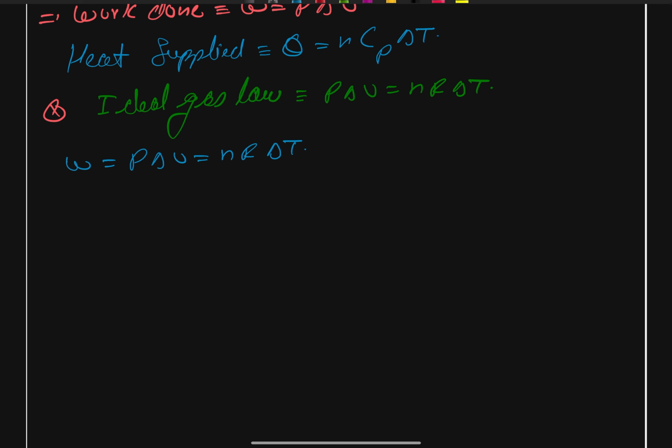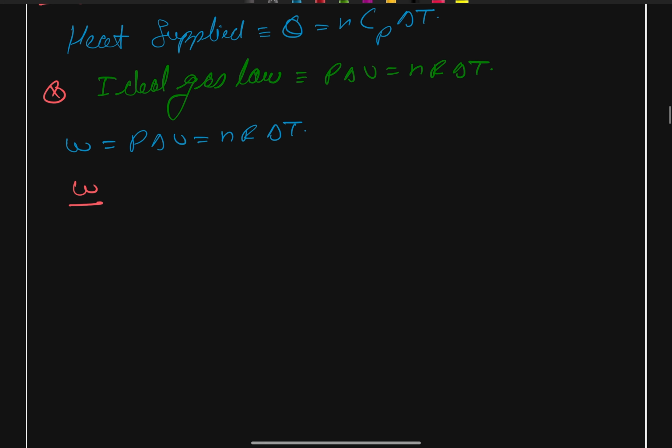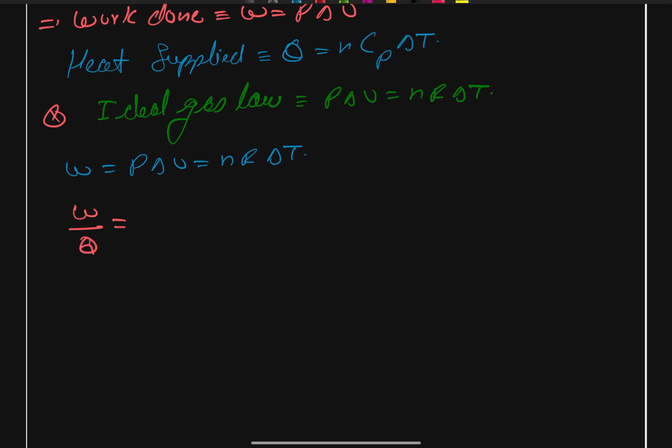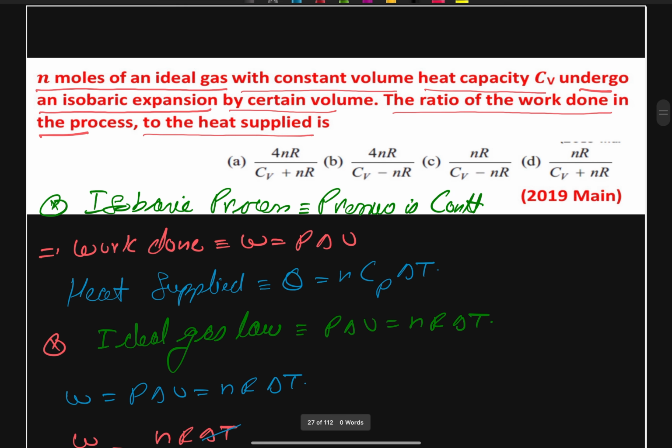Therefore, we can write that W upon Q is equal to W is nR delta T, and Q is n C of P times delta T, and this delta T, okay, it is in terms of Cp.